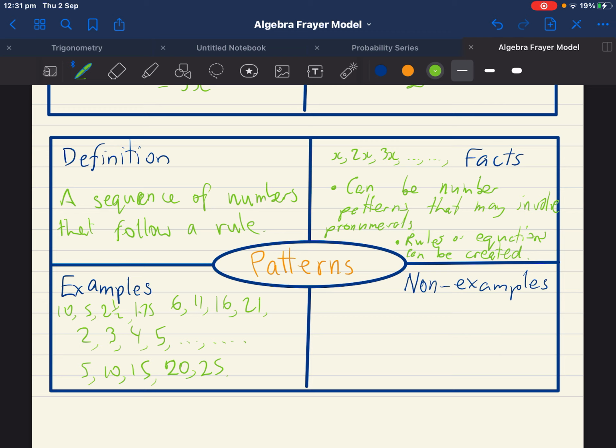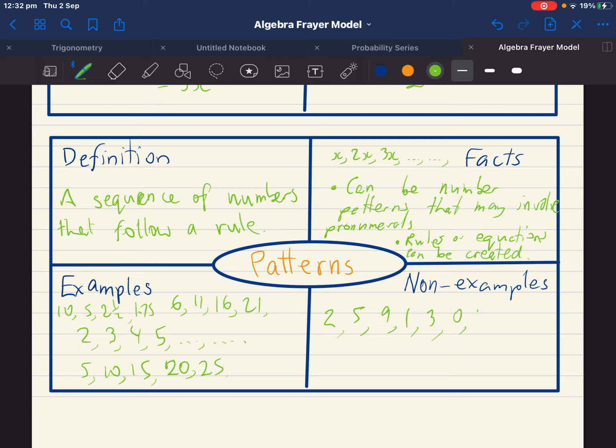And okay, some non-examples of patterns is something that would not be a pattern. So let's say you've got something that's going up by threes. Maybe we got by fours here. It's actually looking like a pattern, right? We've gone up by 3, we've gone up by 4. The next one would be to go up by 5. Let's say, I just put down a 1. And now I'll put down a 3, and now I'll put down a 0.